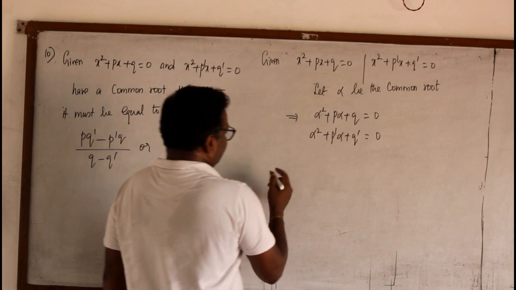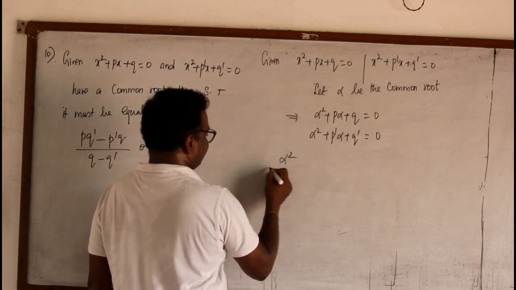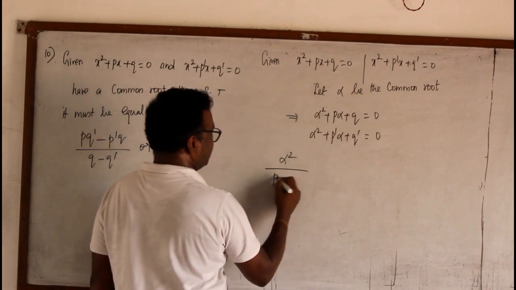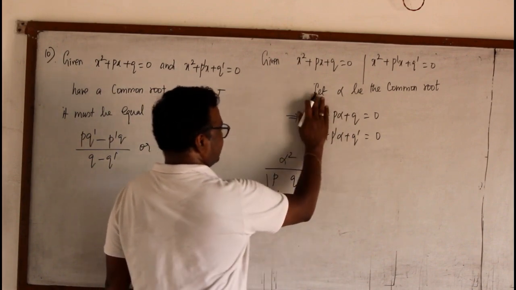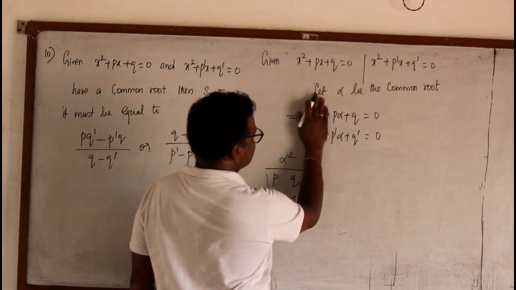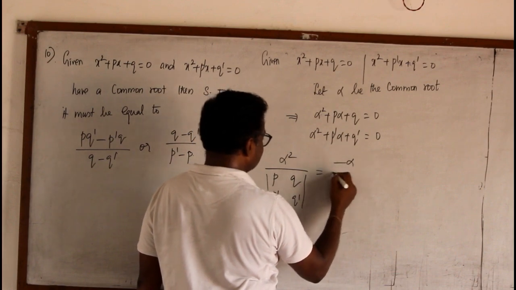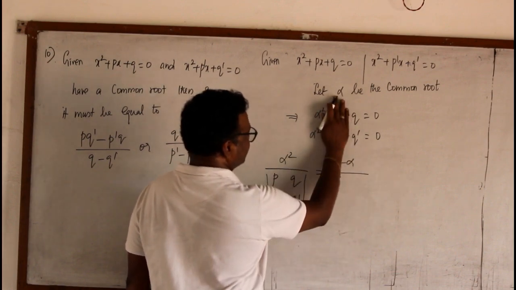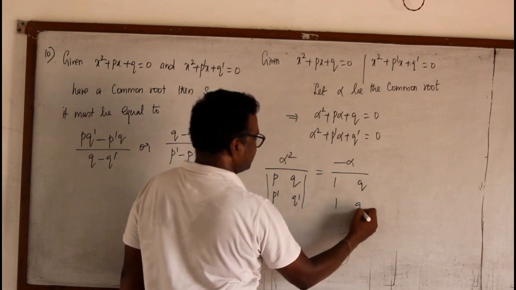Now, we shall go by Cramer's rule method. That is, by alpha square, if I take, then the determinant will be p, q, p dash, q dash, omitting alpha square and taking the coefficients of the others. Similarly, here if I take alpha, then this will be minus alpha. Omitting the coefficients of alpha, I get 1, q dash.